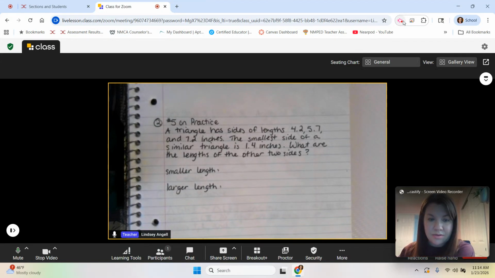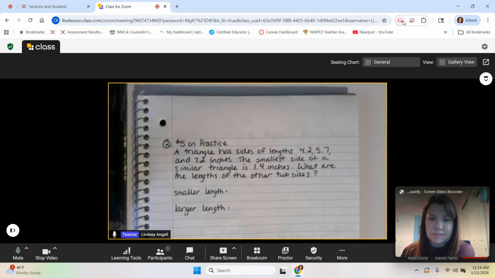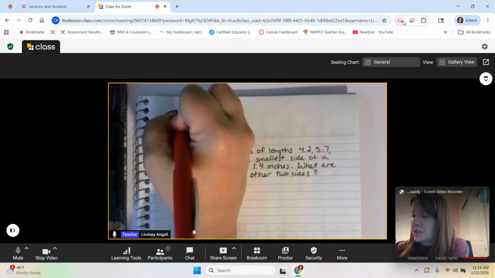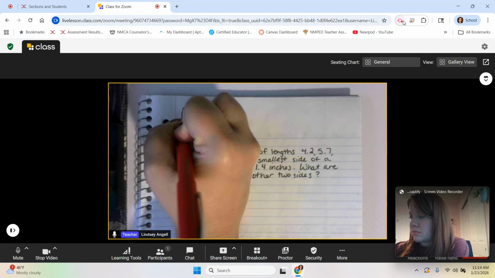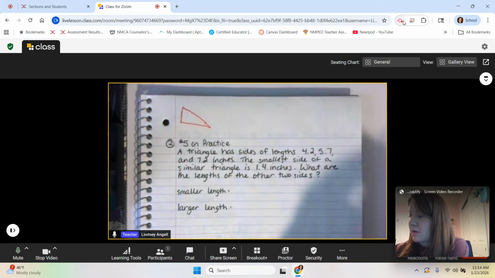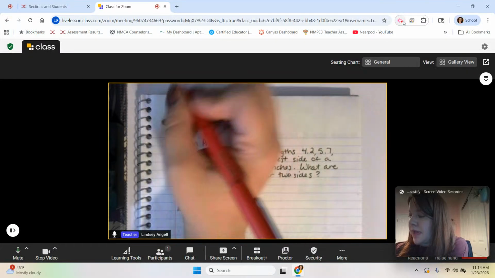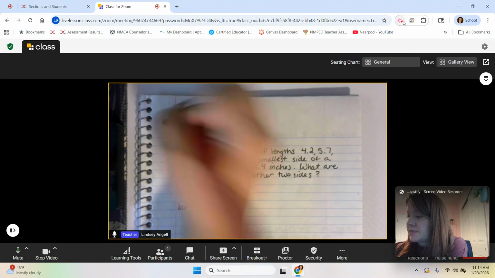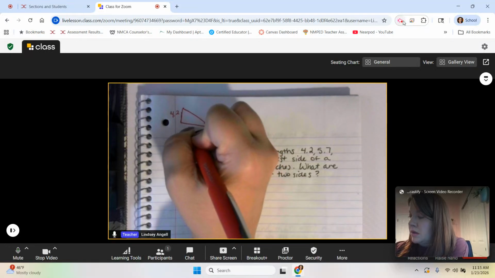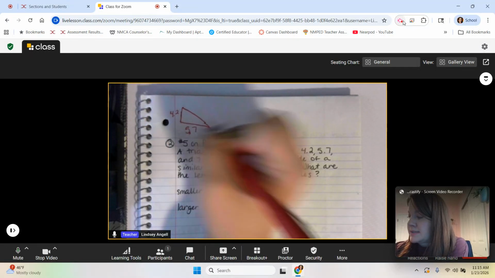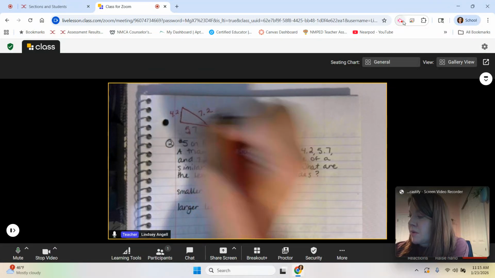So I didn't really give myself much room here, but that's okay. I'm going to use this space up here. So I'm just going to draw a triangle. I have no idea if this is accurate or not, and it's definitely not, but that's okay. We'll say that's 4.2, 5.7, and 7.2.